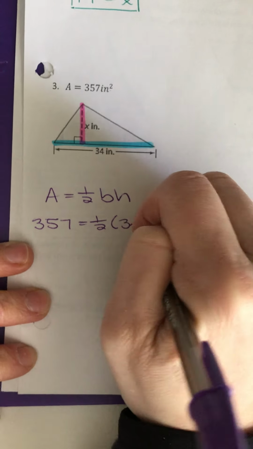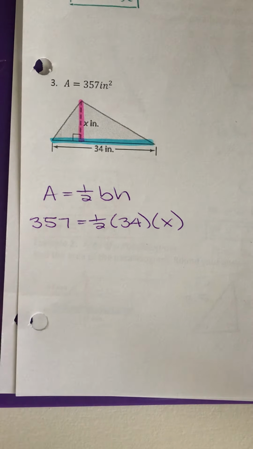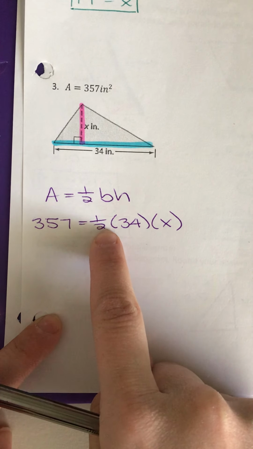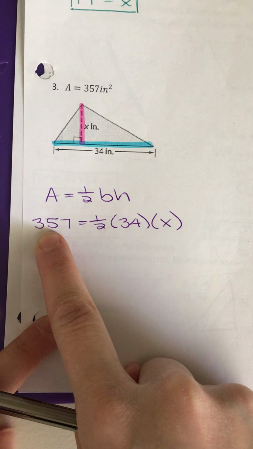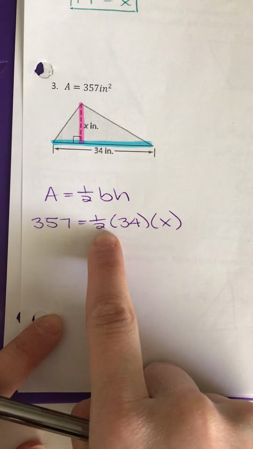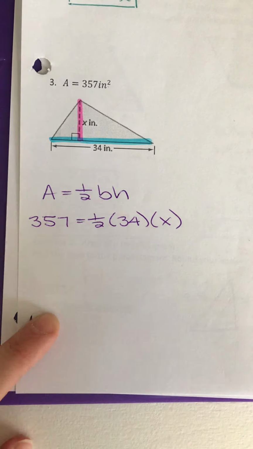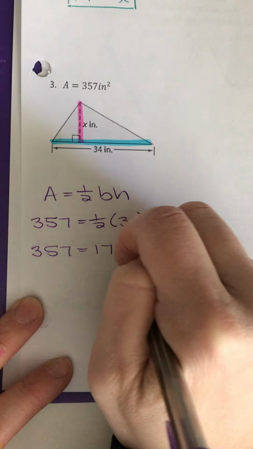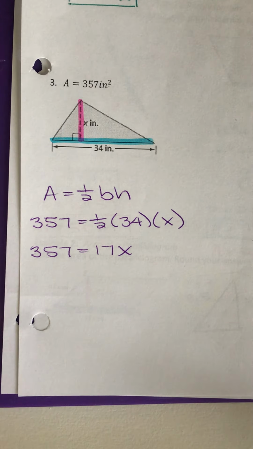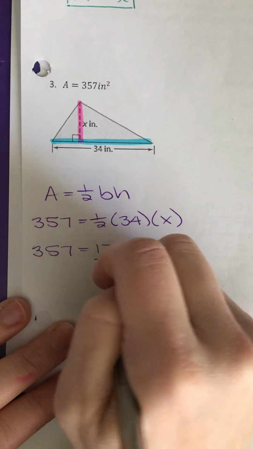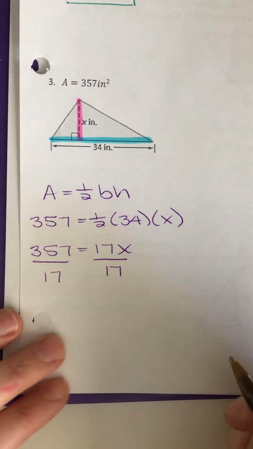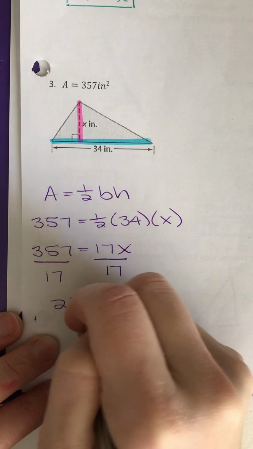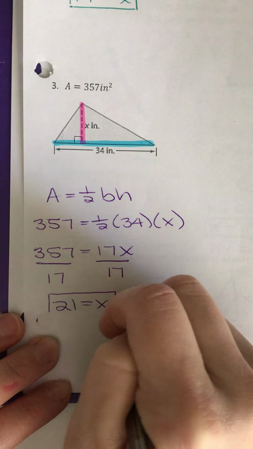My base is 34. My height is x. So we can multiply both sides by 2 to cancel that 1/2 and make this double. I'm just going to take half of 34, because if you remember, you only have to take half of one of the numbers. Divide both sides by 17. And we get 21 equals x.